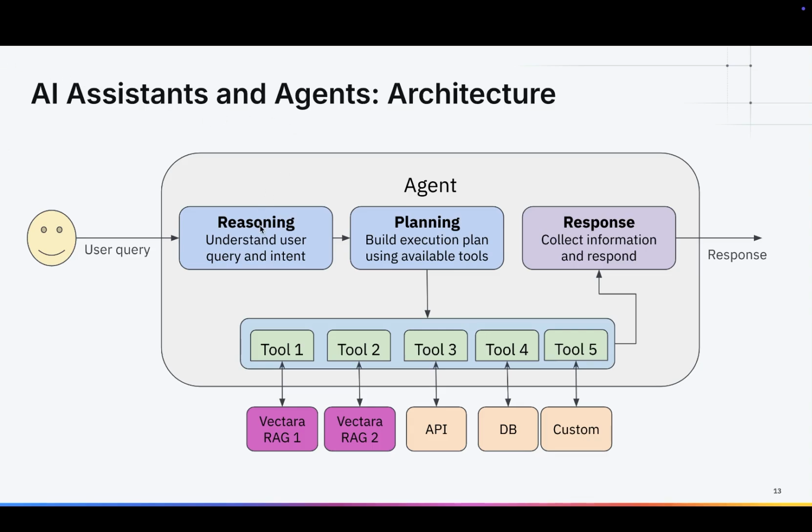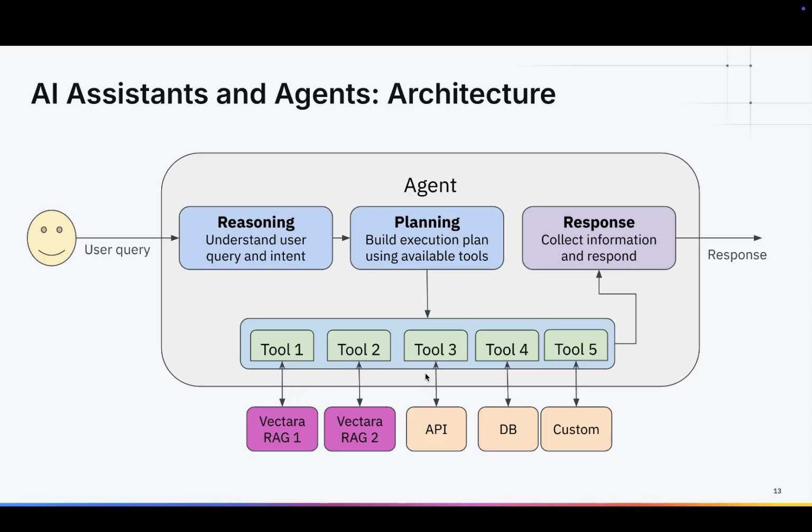And essentially the way it works is there's an agent in charge, an LLM underneath. And when a user query comes in, it analyzes the query, understands the intent, and plans how to answer this query in a step-by-step manner using things we call tools that you can provide it. So a tool could be calling Vectara RAG, the vanilla RAG, if you will. It could be multiple corpora or whatever, which is very, very common.